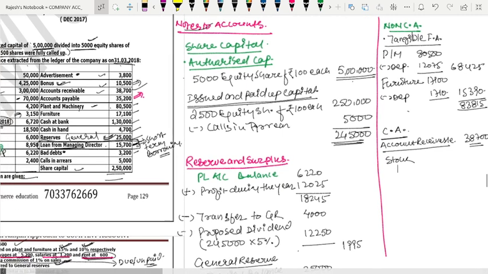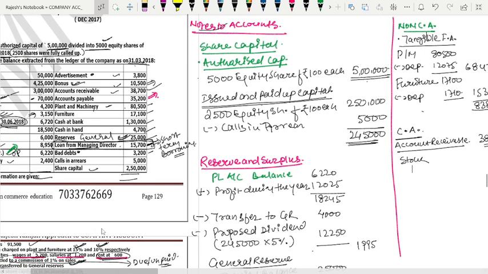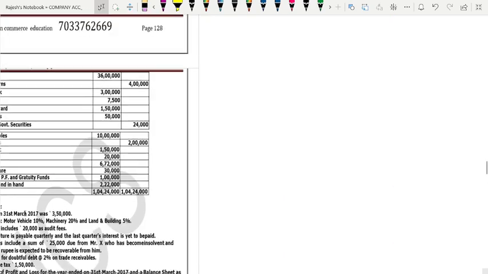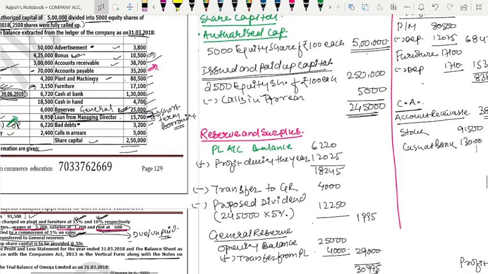The closing stock amount is 91,500. Then cash at bank 1,30,000. And cash in hand 4,700.